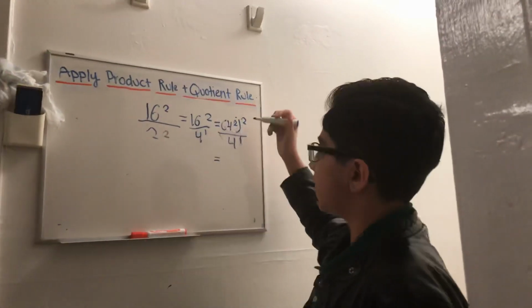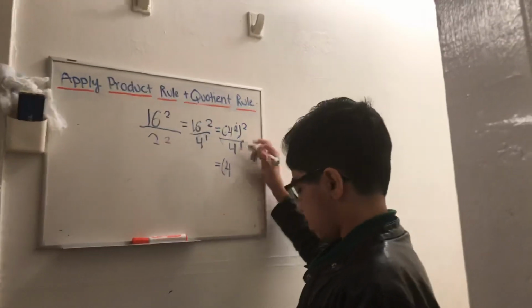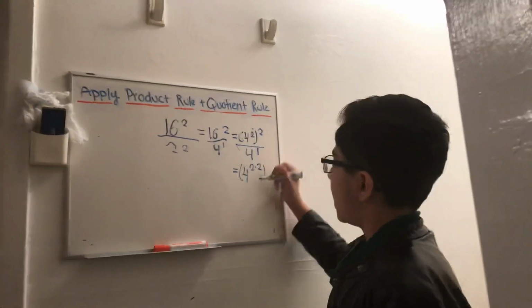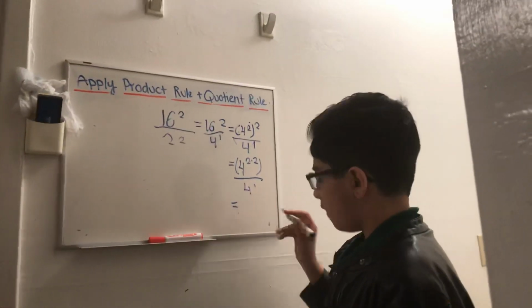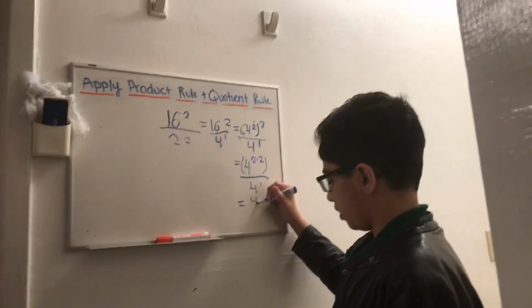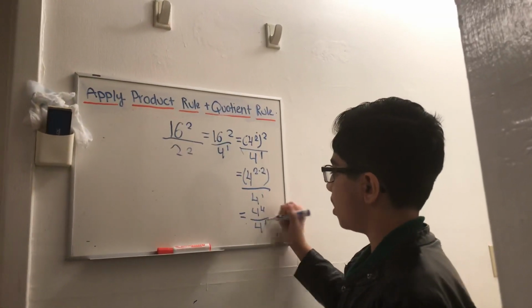So it would essentially be 4 to the power of 2 times 2, which is essentially 4 to the power of 4, over 4 to the power of 1.